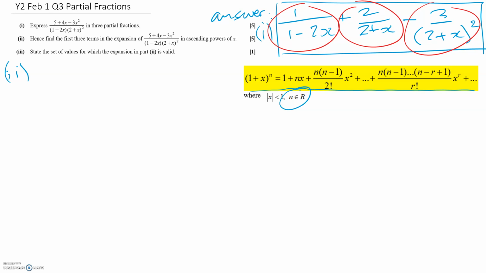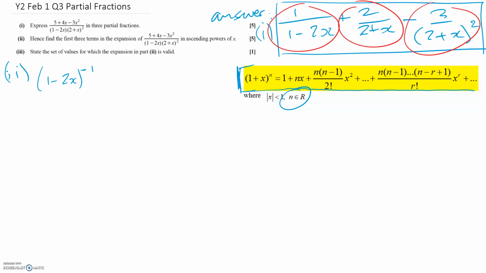If we take the first fraction, 1 over 1 minus 2x, we'll do the binomial expansion for that. We can write it as 1 minus 2x all to the power minus 1, and then we can sub it into this equation here on the right-hand side.